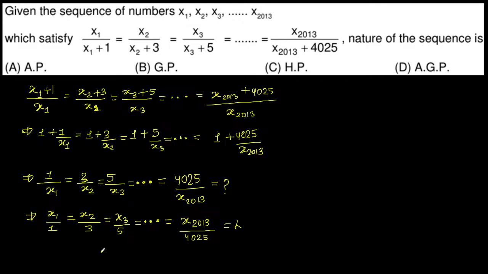Keep it equal to lambda. You can say that x1 is lambda, x2 is 3 lambda, x3 is 5 lambda, dot dot dot, x 2013 is equal to 4025 lambda.